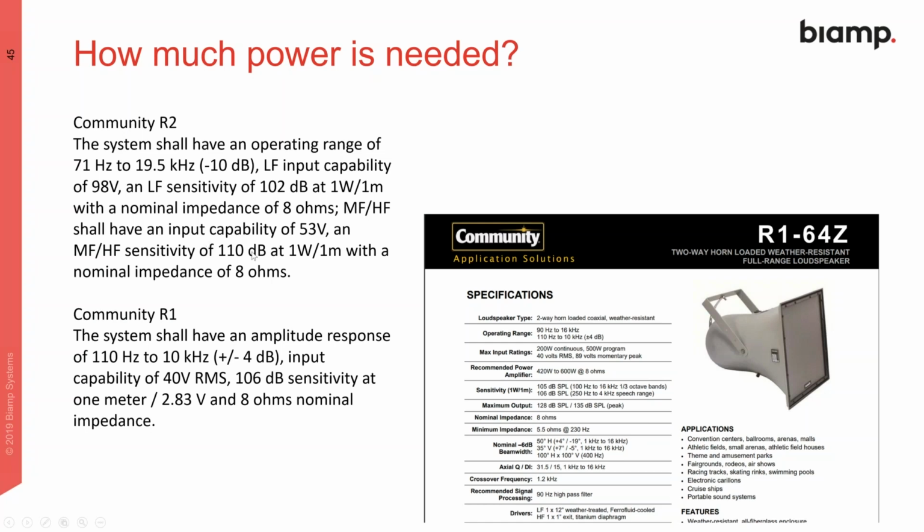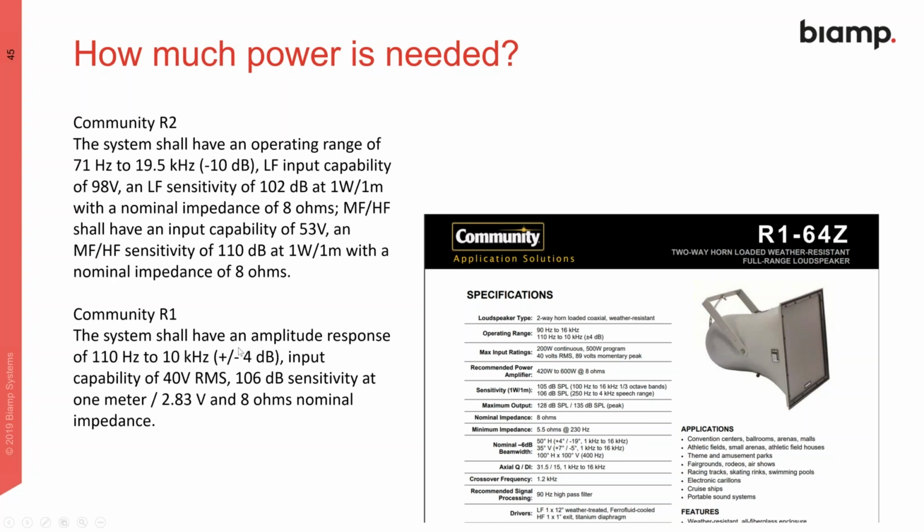Mid-high sensitivity is 110 dB, so it's more efficient than the low frequency. Another model, the Community R1, they state theirs at 160 dB sensitivity at 2.83 volts. So same product line, two different ways of specifying.